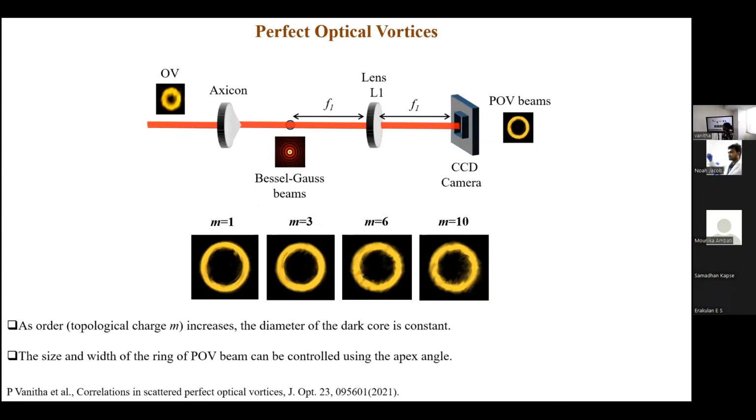So to make the Fourier transform, we kept one lens. After the focal length, we captured the POV beams using a CCD camera, from 0 to 10, and I kept some images over here. As we see here, as the order increases, the dark core is constant. This size and width can be changed using a different axicon.